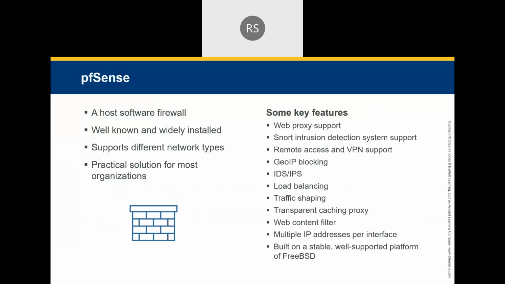It incorporates IDS and IPS features for proactive threat identification and prevention. It supports load balancing, and this is done to ensure efficient distribution of network traffic. Bandwidth management, so it enables traffic shaping for bandwidth management. It offers a transparent caching proxy for improved web content delivery.